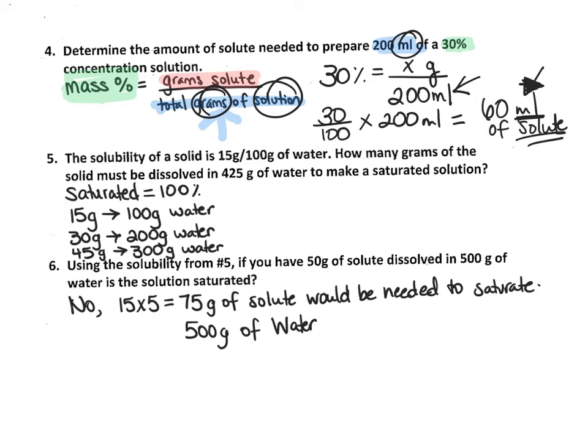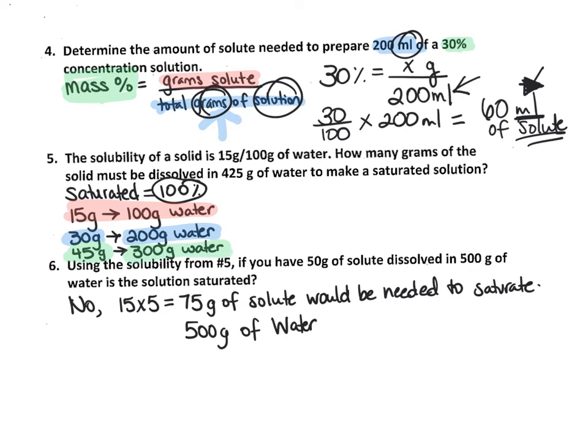On the next problem, the word saturated means that it is holding as much as it possibly can at that particular temperature of the water. We're given one little piece of information here, that 15 grams is needed to saturate 100 grams of water. So I laid out what this would look like: 30 grams would saturate 200 grams of water, and 45 grams would saturate 300 grams of water.